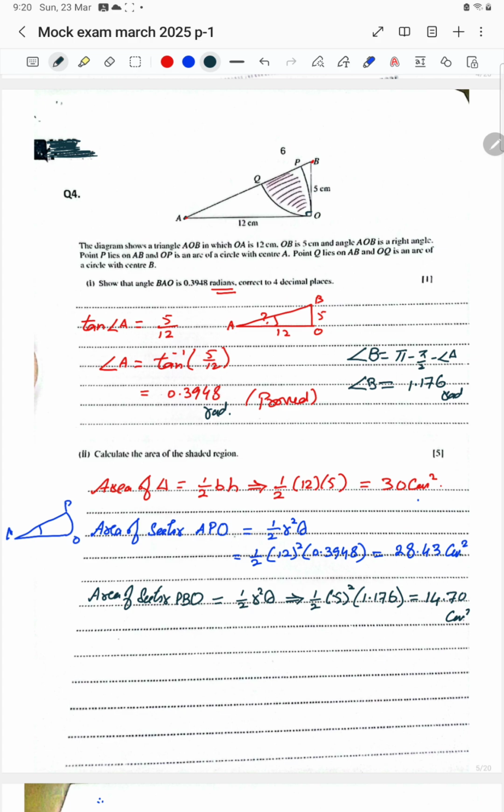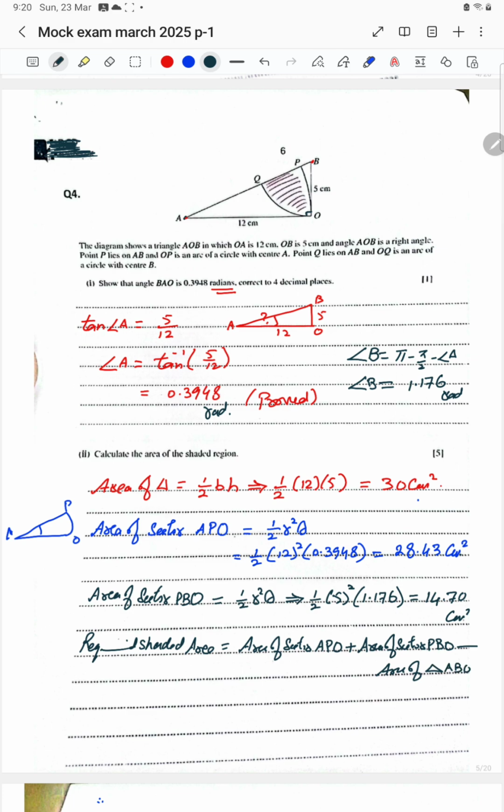Okay, fine. Now the required shaded area can be calculated as area of sector APO plus area of sector PBO minus area of triangle ABO.